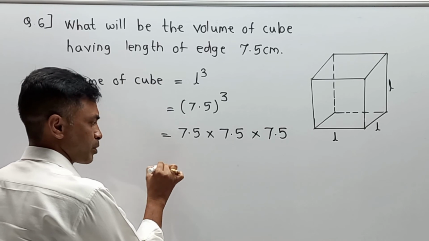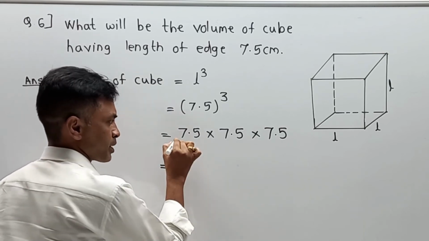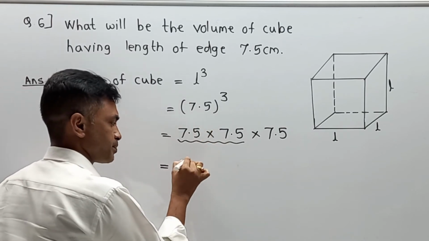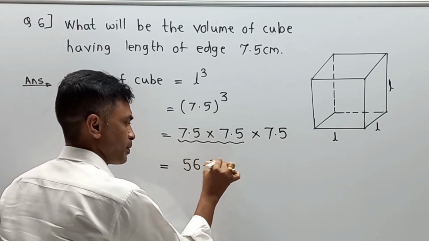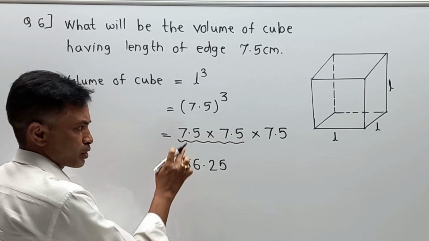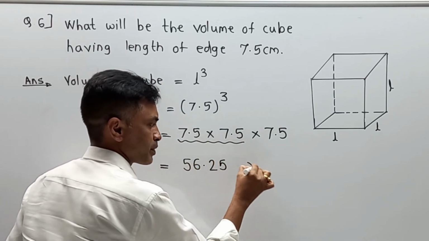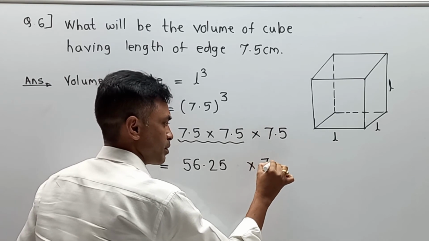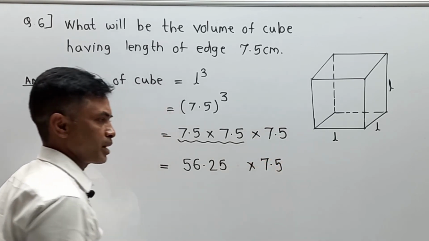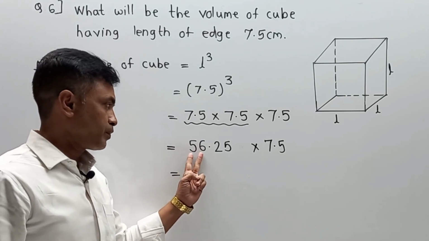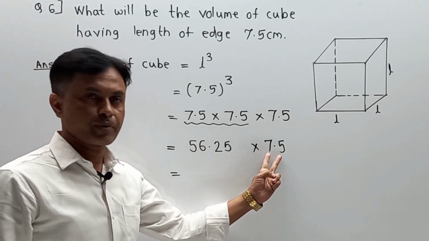Now one by one I am going to solve this step. Please pay attention. First I am going to do a product of these two. So 7 into 8, 56.25. This is a product of 7.5 into 7.5, that is 56.25 into this value, that is 7.5. Now we have to do a product of 56.25 into 7.5.